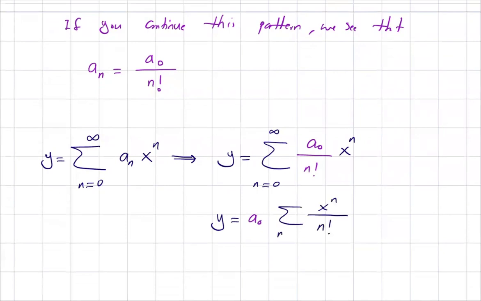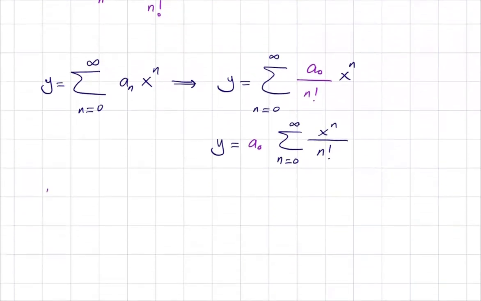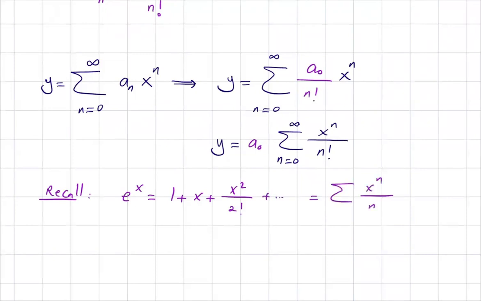But I know this pattern. I saw this pattern before. Recall that e to the x is equal to 1 plus x plus x squared divided by 2 factorial plus the rest of the terms, or it was the summation of x to the n divided by n factorial and starts from 0, goes to infinity, right?